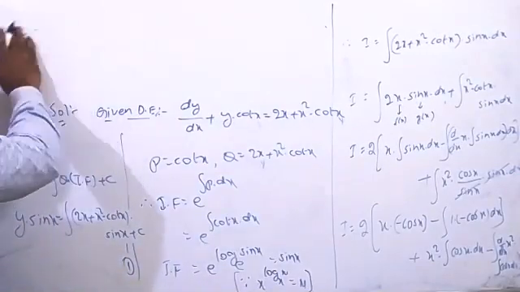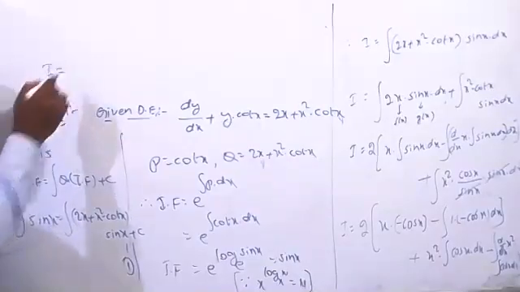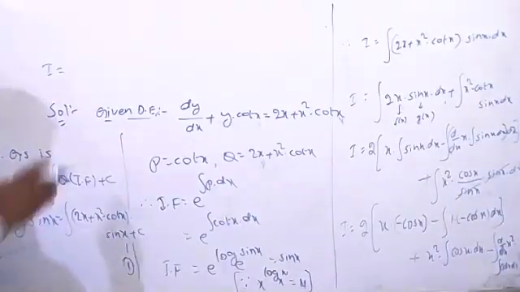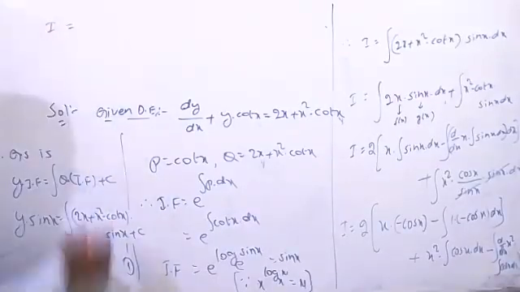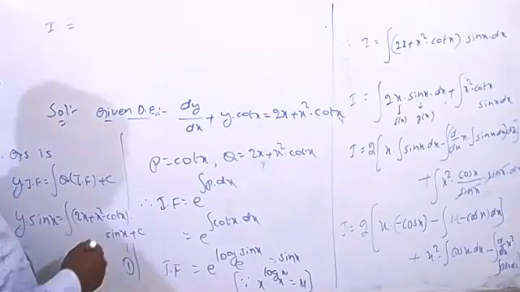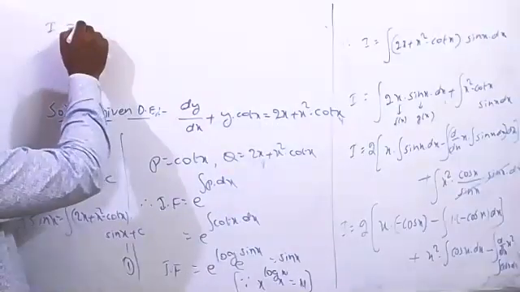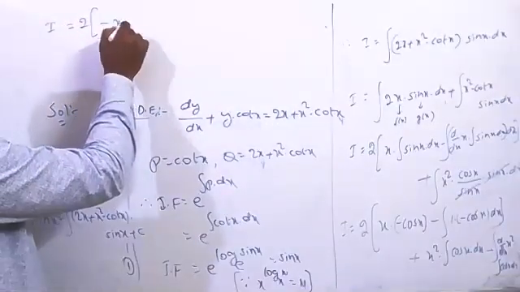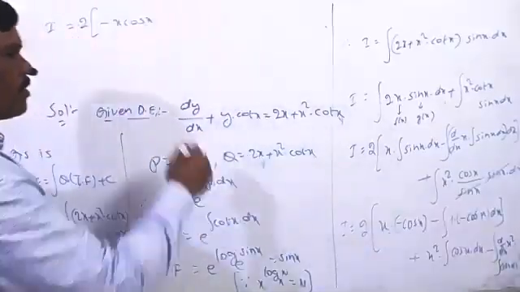So I equal to 2 into, so multiply all the values here now. 2 into minus x cos x. Here minus into minus equal to plus clearly.